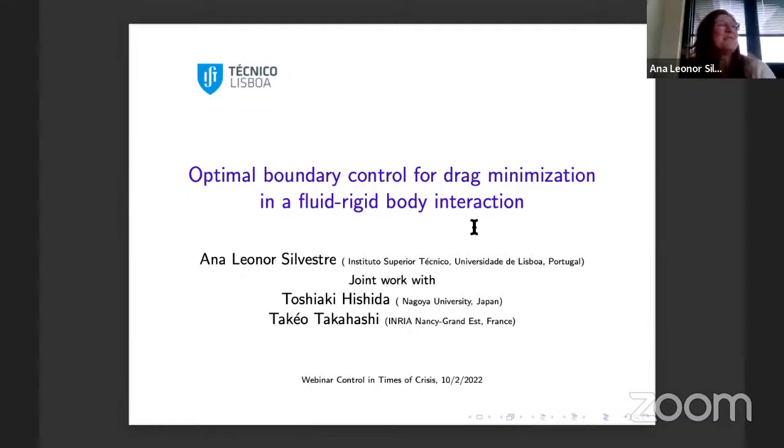Let me see if I understood. What you are saying is that if I could choose V star with a smaller number of components. Yes. Okay, so let me see if this answer is okay. In the case of the tangential boundary controls, somehow we are discarding a number of components.